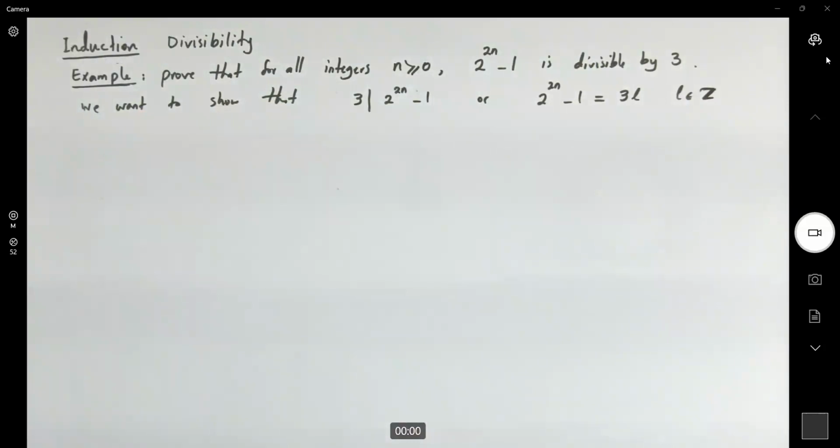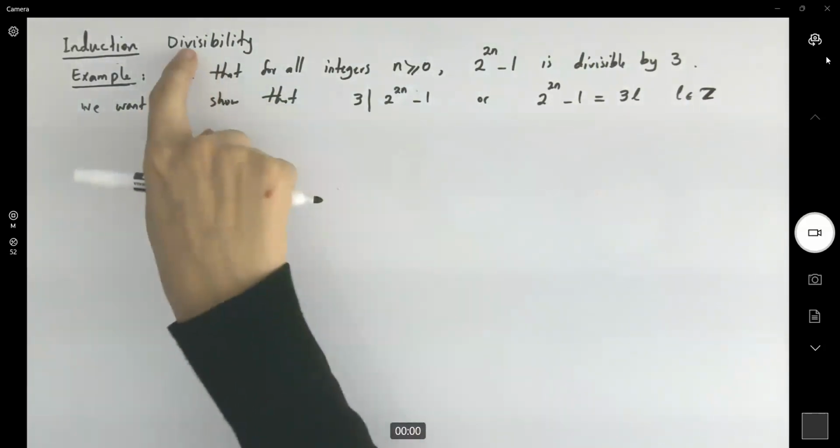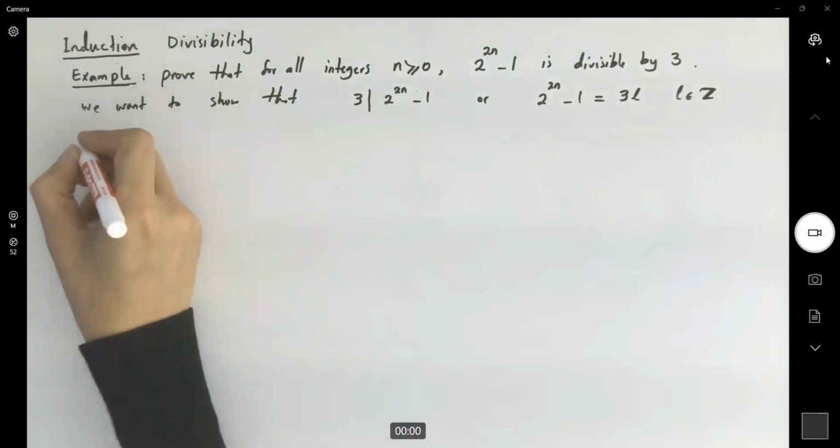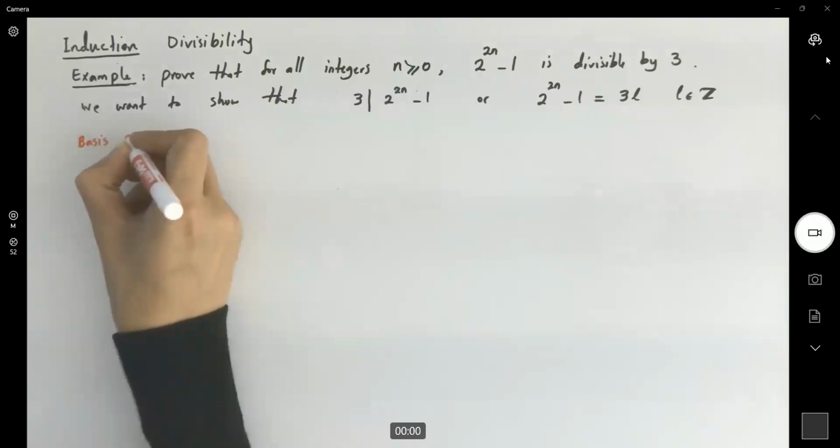Very good. So we're going to apply the induction method. Let's work with the very first step, basis step. Guys, in your exam, in your homework, you need to mention which step you're working with.